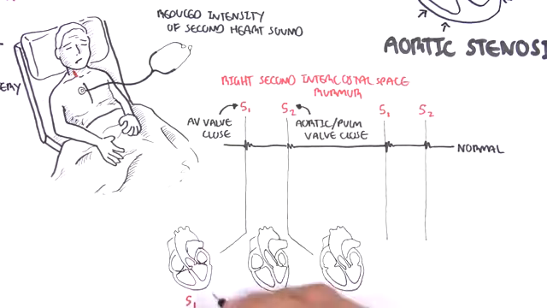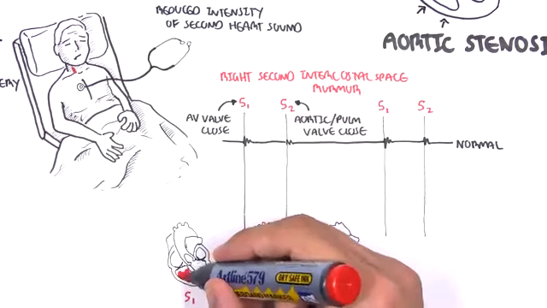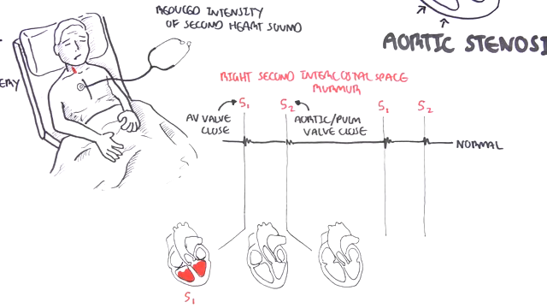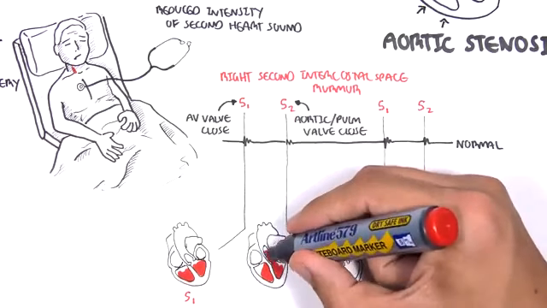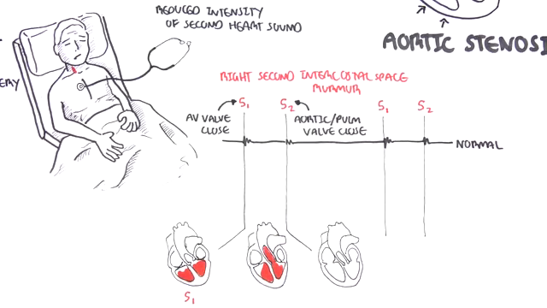S1 is when your AV valves close and your blood is in the ventricles. The ventricles begin to contract. Between S1 and S2, your ventricles are contracting so hard that it pushes blood through the aortic valve.